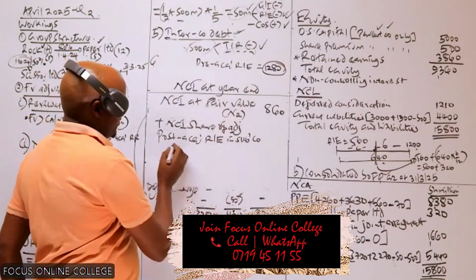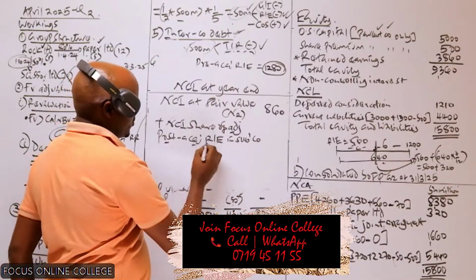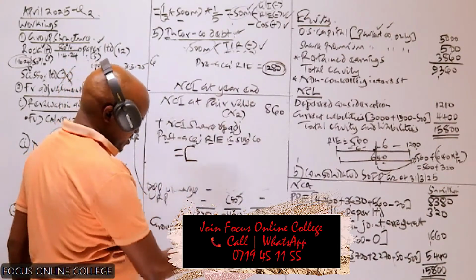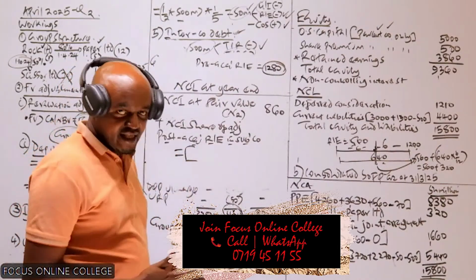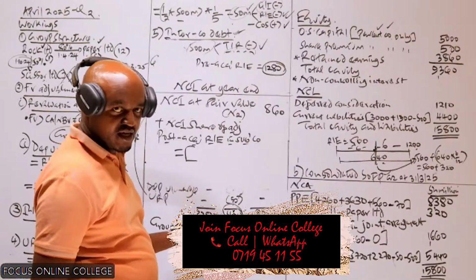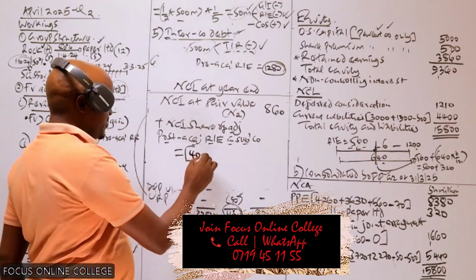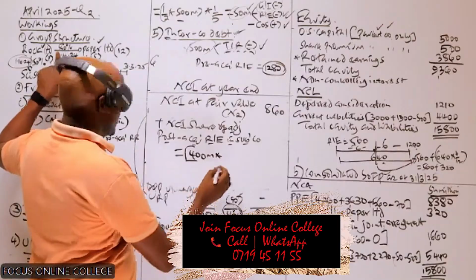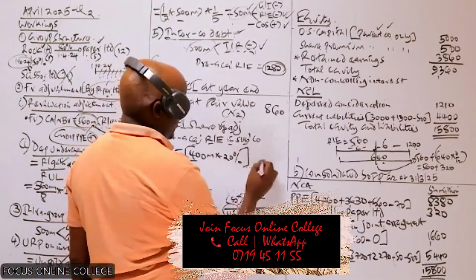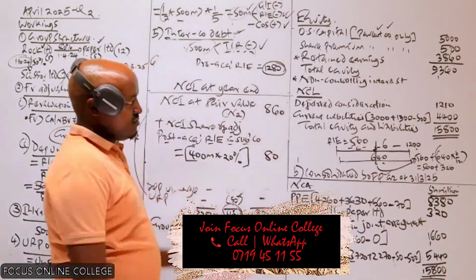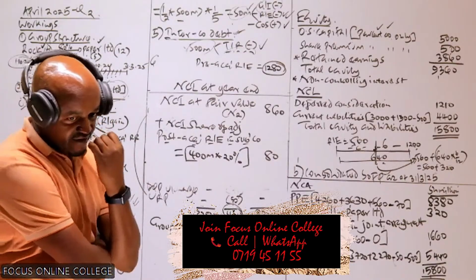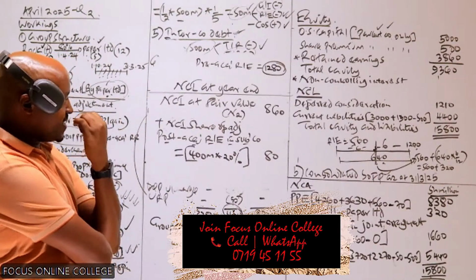So where do we have this figure, the adjusted post acquisition retained earnings of the subsidiary? That is basically the figure which we have here. This is the adjusted post acquisition retained earnings of the subsidiary, which is 400 million. So we get the NCI share of that. The NCI share of this will be 20%. 20% of that will give us 80.